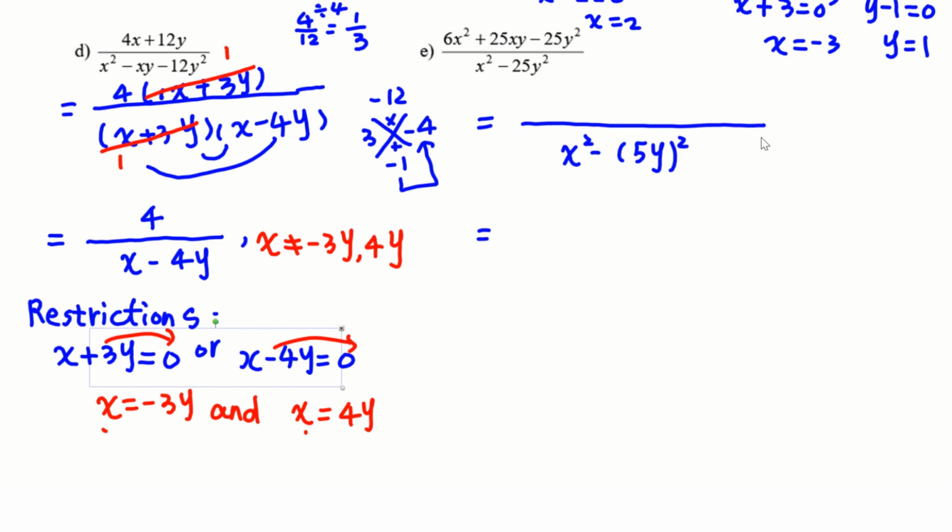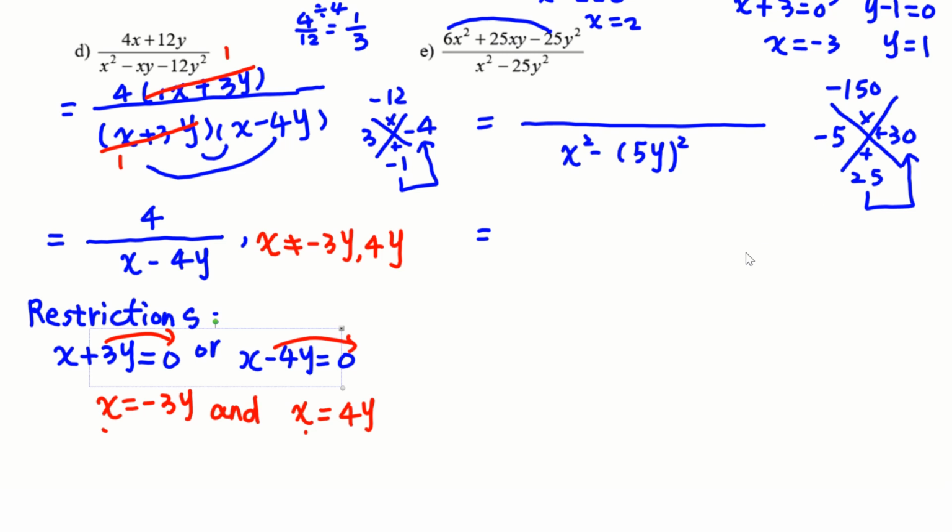And for the numerator, it's not a simple trinomial, so we need to use the product equals AC, negative 150, adding together to 25. Then we could have 5 and 30. Add together positive, so the larger number needs to be positive. Times together negative, so 5 needs to be negative.